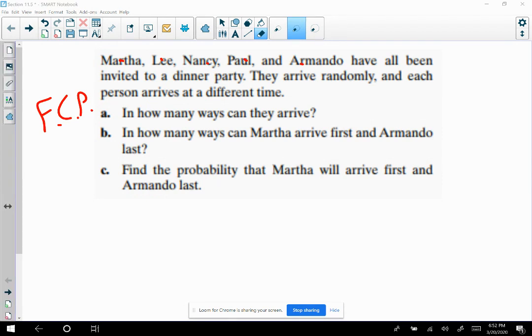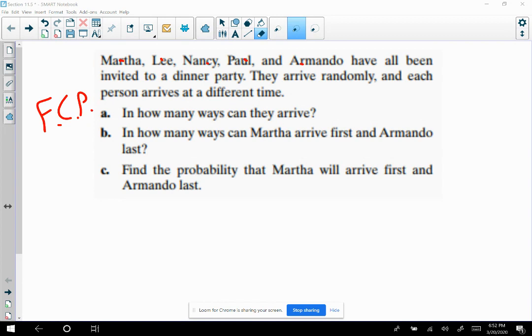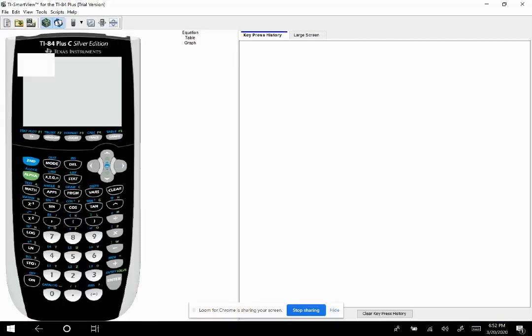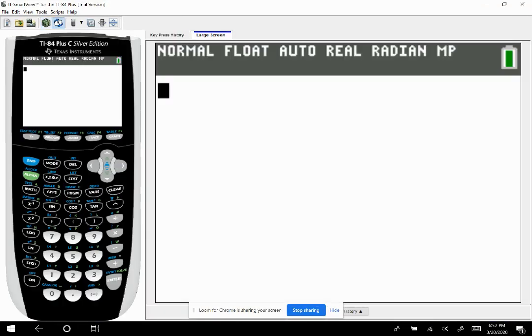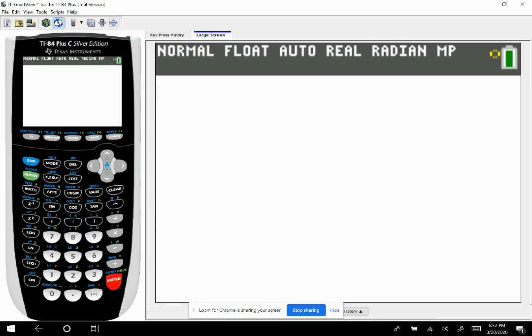So in that TI Smart View, again, if we ran that 5C5, you're going to see that. So no, I want to continue with my free trial. Hopefully all of you are using your free trial too. Be nice. Okay. So again, 5, hit math, scroll all the way over to prob, scroll down to nCr, you put that 5 in, see, it's 1. That just doesn't make any sense.